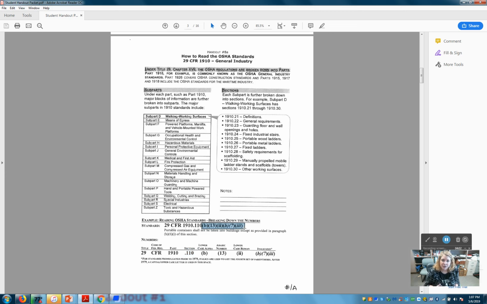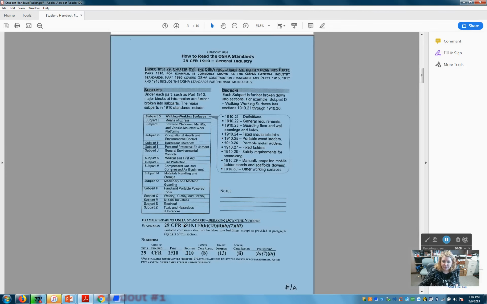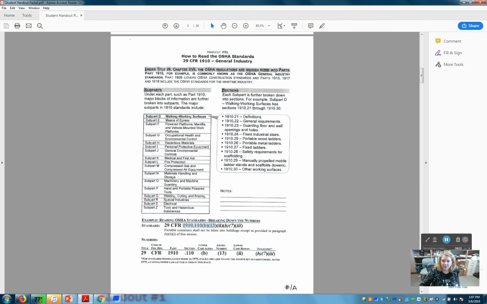Not necessarily do you have to put 29 CFR, but if we were looking at this OSHA standard here, and this has to do with portable containers shall not be taken into buildings except as provided by, and then paragraph. If I asked for that, you would type in 1910.110(b)(13) and so forth. Okay, that would be the whole thing.